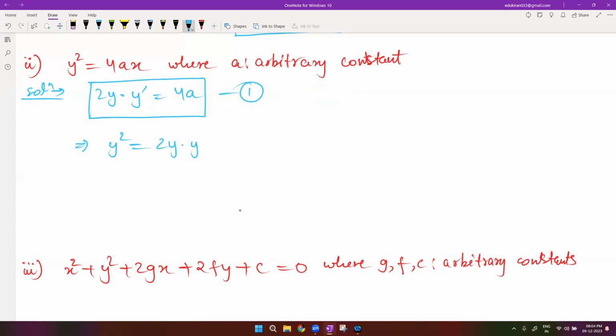In place of 4a, use 2y into y dash into x. Right? And you can cancel 1y with 1y. So y is equal to 2y dash x, or y dash is equal to y upon 2x.